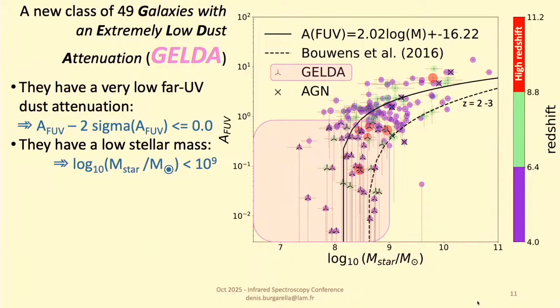I also added a stellar mass criterion, though I'm not sure it's actually relevant now. Only this object is out of the range. The main criterion, because it's low dust attenuation, is of course the one on the dust attenuation. So I have 49 of them out of 173. That's quite a good sample.